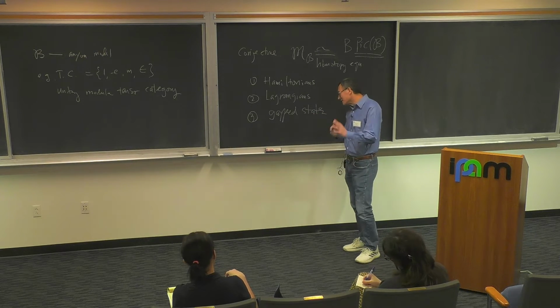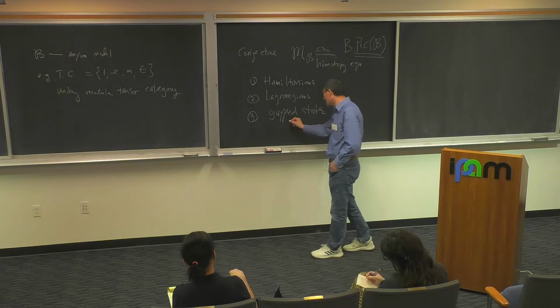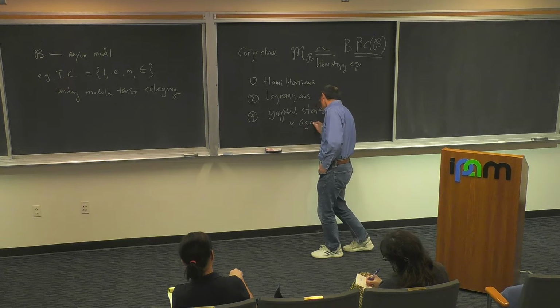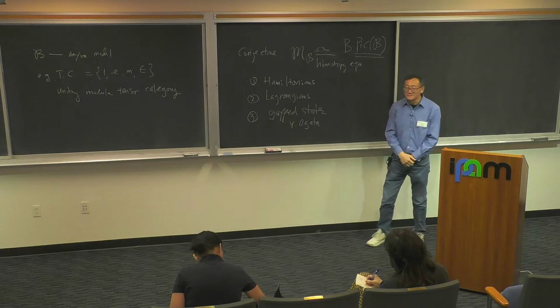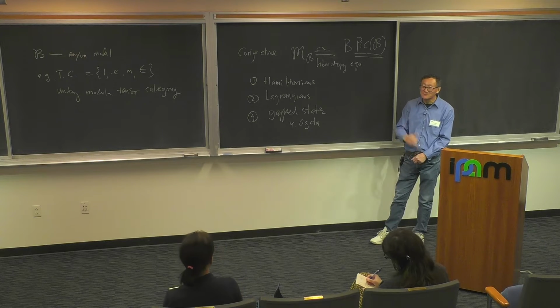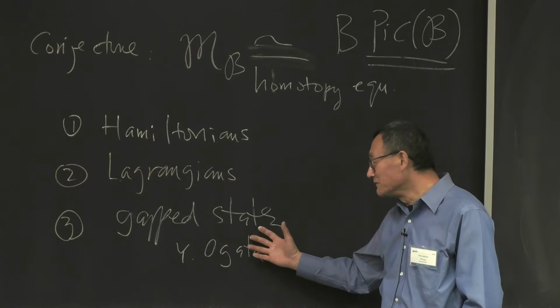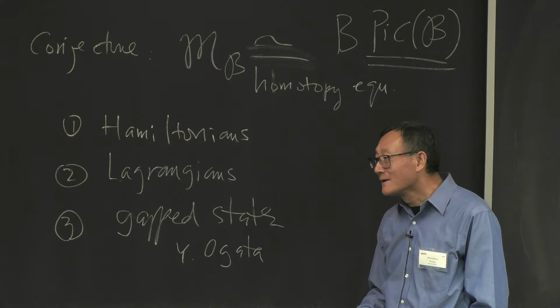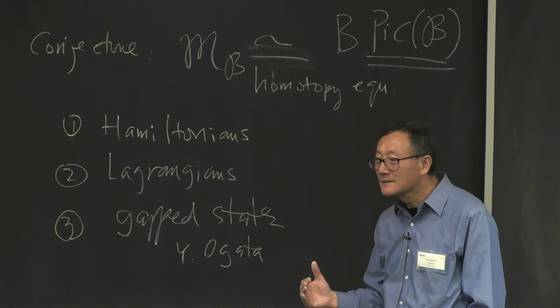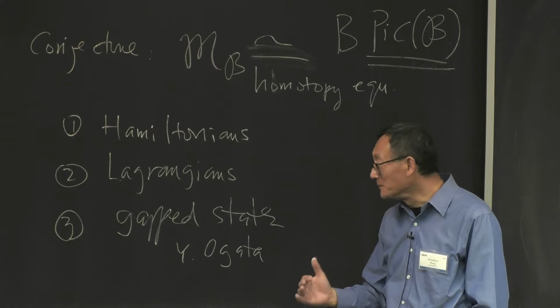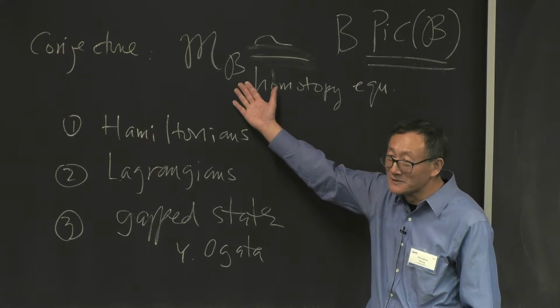There's a recent series of papers by Yoshiko Ogata. She's a professor at the University of Tokyo. I'm moving to Kyoto in a month. So she defined what a gapped state is and what you mean by realizing this anyon model.